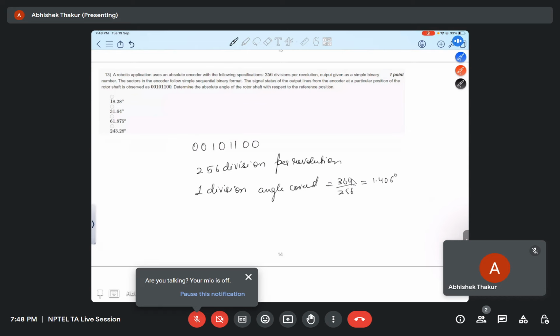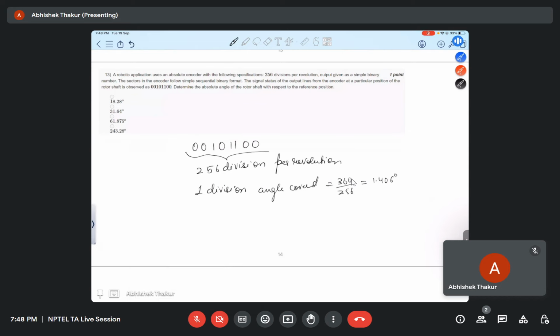So now this is the output. So this output is 2 to the power of 2 into 2 to the power of 3 into 2 to the power of 5. So this will become 32 plus 8 plus 4. So this is 44.